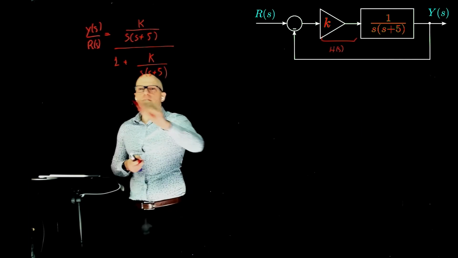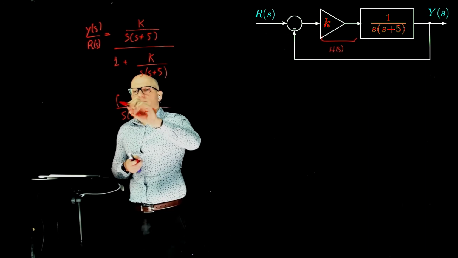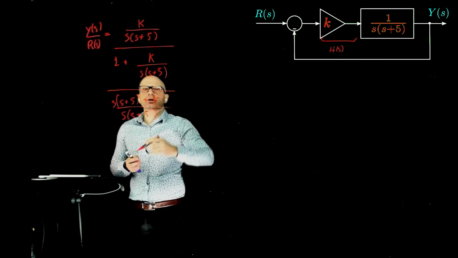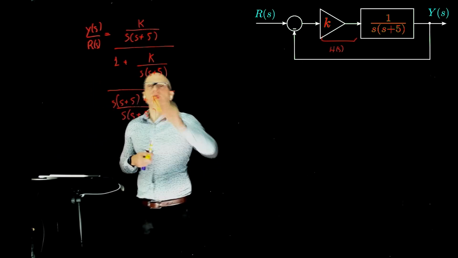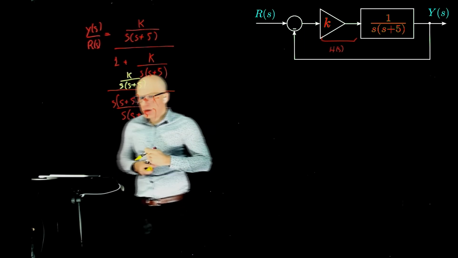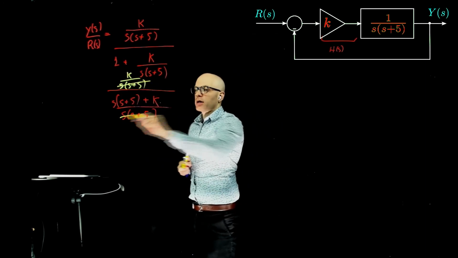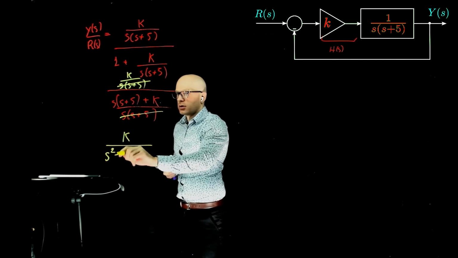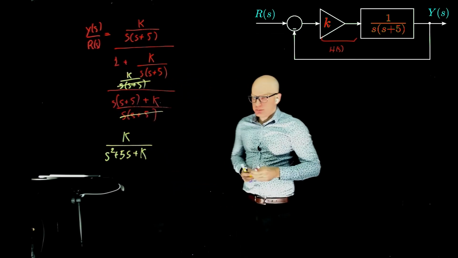The common denominator is s plus 5 multiplied by 1 plus K. All right, so these cancel, and we are left with K over s squared plus 5s plus K, and this is Y over R.